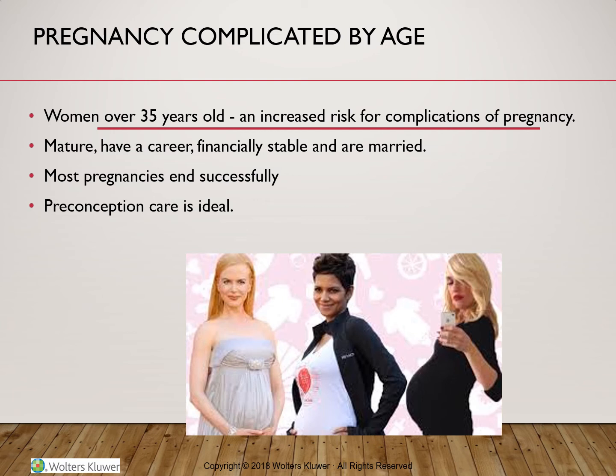They should be offered genetic testing and counseling regarding Down syndrome, trisomy 21, or trisomy 18, which is Edwards syndrome, or trisomy 13, which is Patau syndrome. Genetic testing will include chorionic villus sampling or early amniocentesis in order to diagnose those types of conditions early.